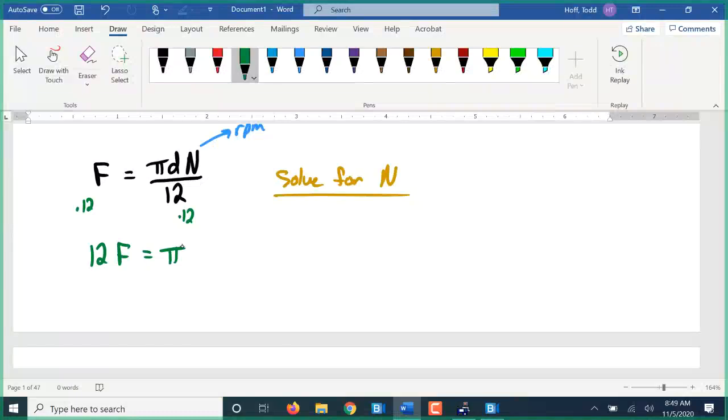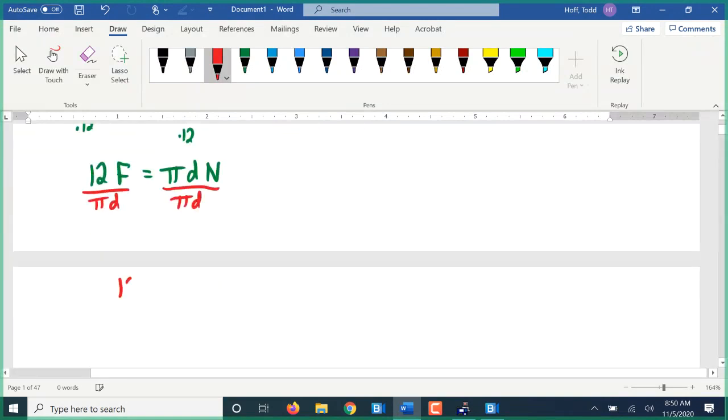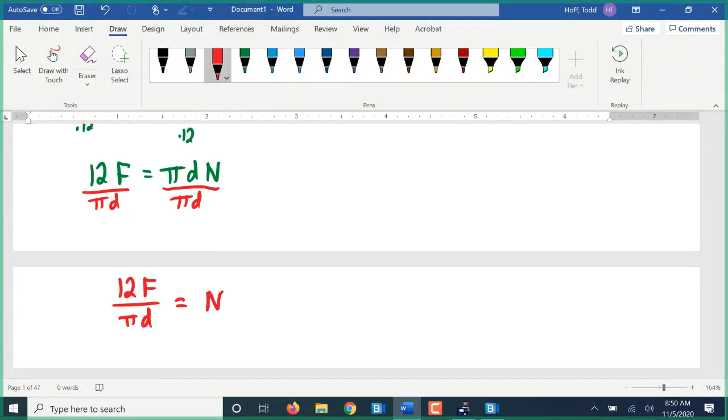So 12F equals pi times D times N. And then the pi and the D are both multiplying N. So to get rid of them, I'm going to divide by pi and D. So I have 12F over pi times diameter equals my number of RPMs.